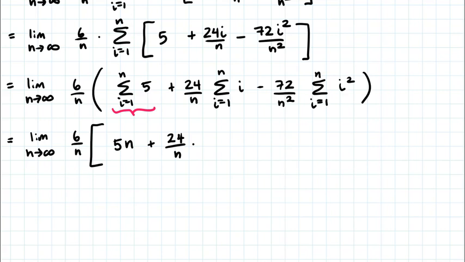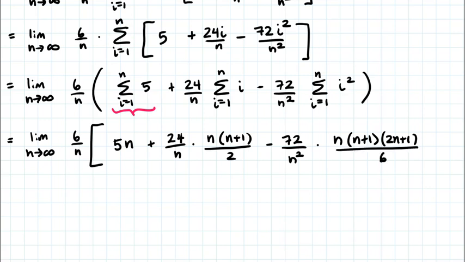The summation from i equals 1 to n of i turns into n times n plus 1 over 2. And that is just from our theorem. And then the summation of i squared is going to turn into n times n plus 1 times 2n plus 1 over 6.